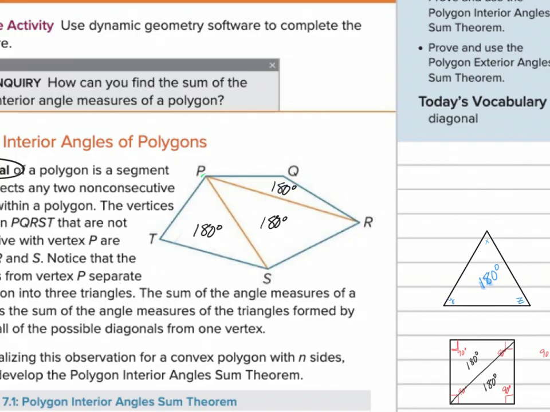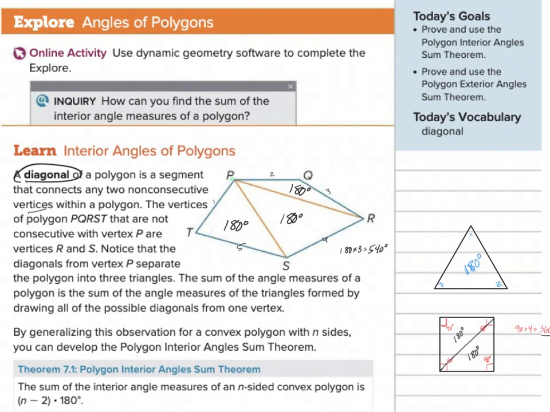So total, this is a 1, 2, 3, 4, 5-sided polygon, and the measure of its internal angles equals 180 times 3, which is 540 degrees. And now we can move on from that.